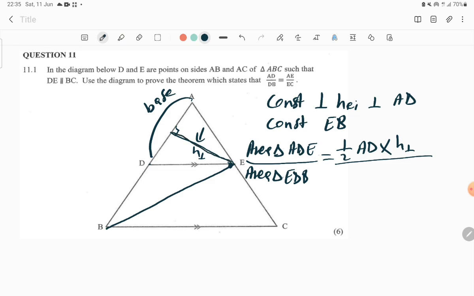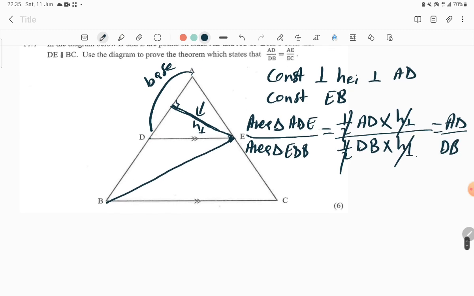Can you see that? These two triangles share the same height. So we have 1 over 2, then the base is going to be DB, because this height has to be perpendicular to its base, times the very same height. We can cancel what can be cancelled, and we're left with AD over DB.